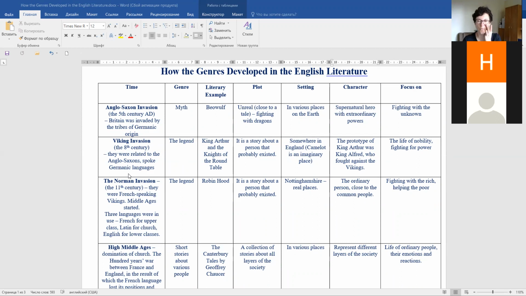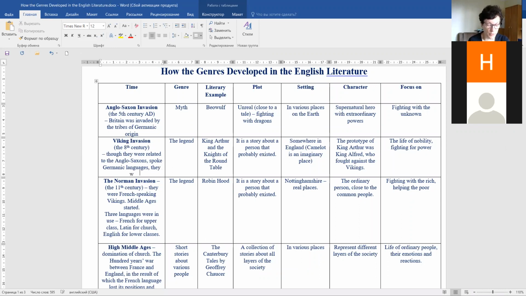Okay, so we see that the Vikings, though they were related to the Anglo-Saxons and spoke Germanic languages, still were enemies.